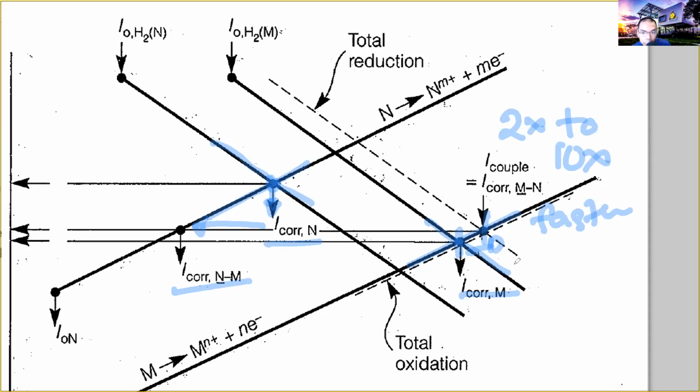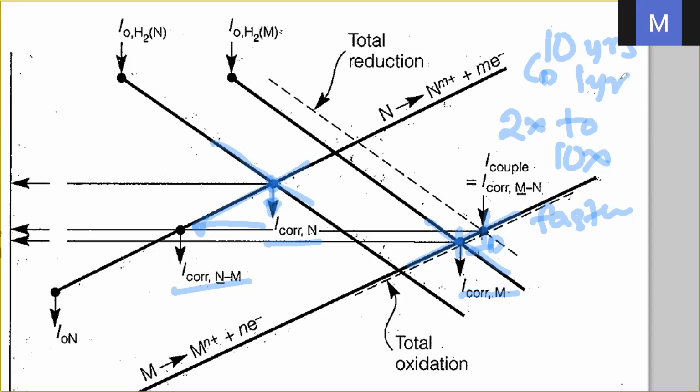So in terms of time, let's say yung part mo is rated for 10 years, but we coupled it with a dissimilar metal that is more noble than it, then it will become just 1 year na lang yung lifetime niya, which is very detrimental, which we don't want to do. So yan, hopefully clear siya. Clear ba ito?